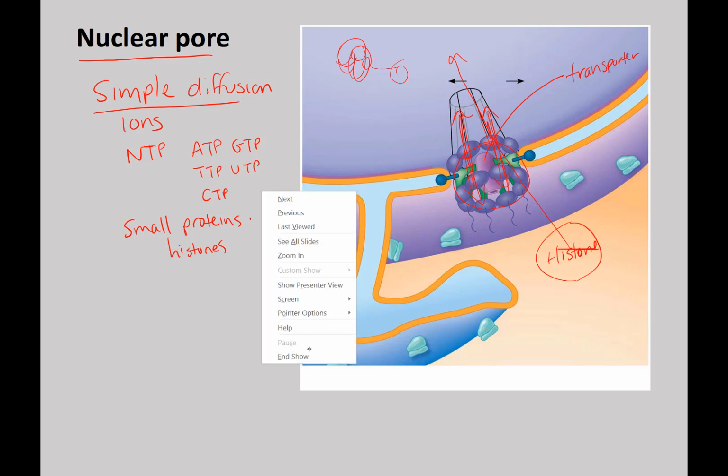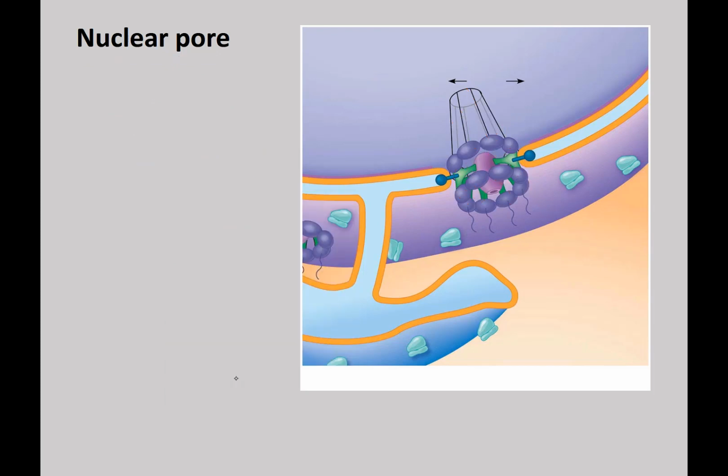All right, so let me get rid of this. The other type of transport through the nuclear pore is active transport. And you know that when we say active transport, that means it requires energy.